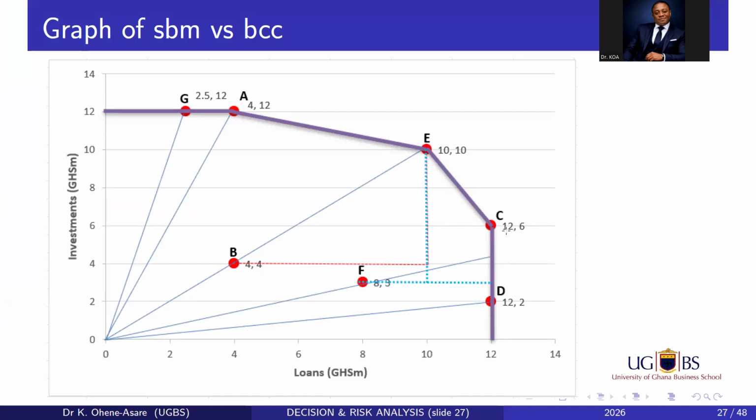So what mistake is DEA doing here? What mistake is DEA doing when it comes to D? Not accounting for the slacks.